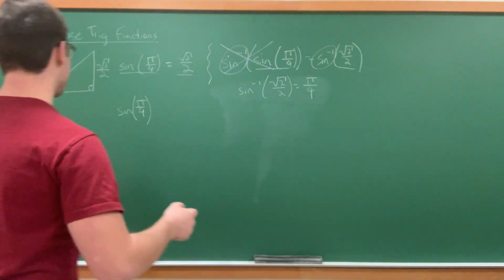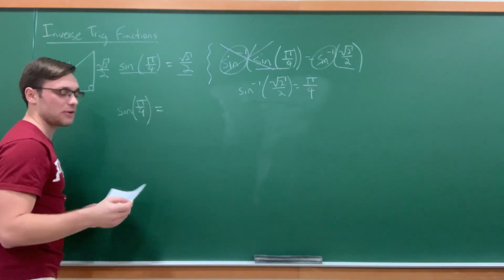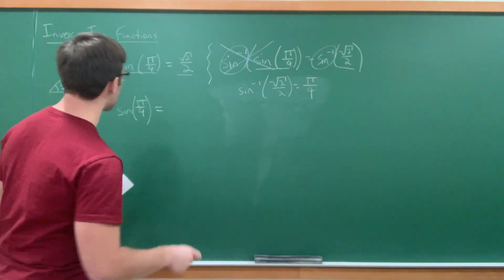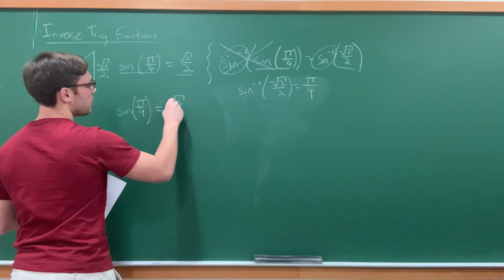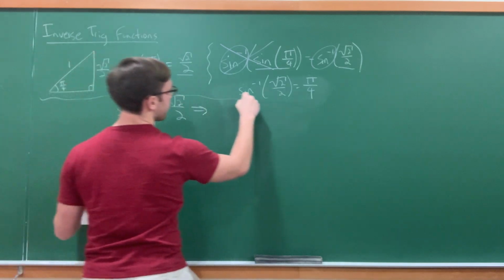Okay, so sine of pi over 4. Sorry about the interruption, but maybe that made this video more fun. Sine of pi over 4 is root 2 over 2. Now, what we're doing here, I'll kind of divide this out.